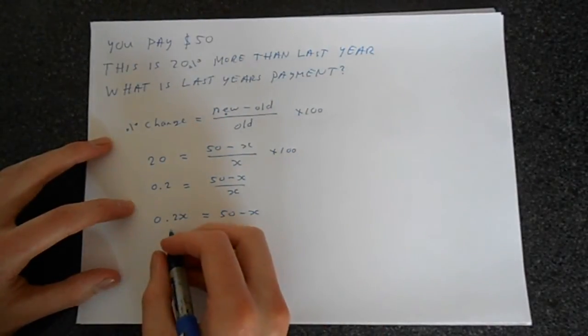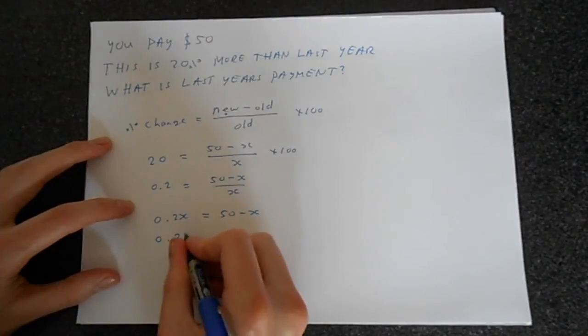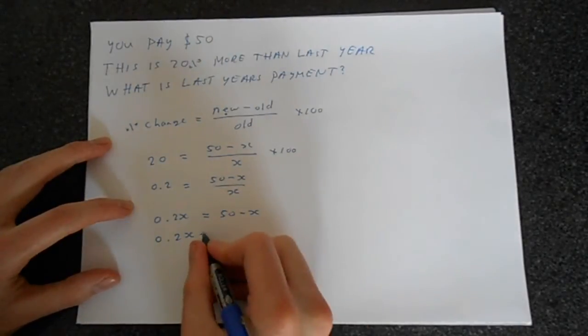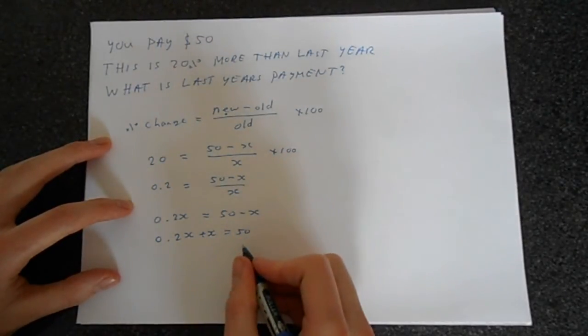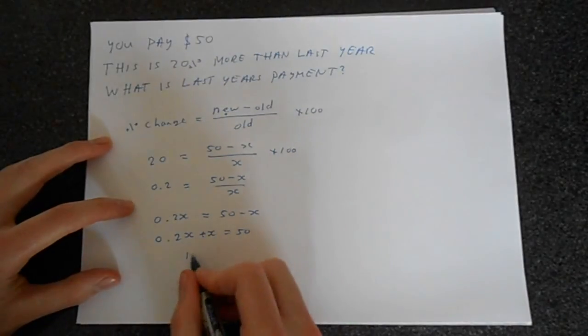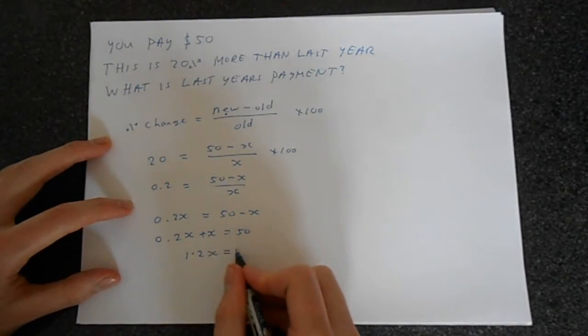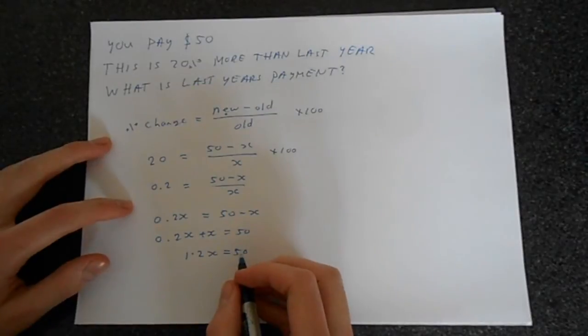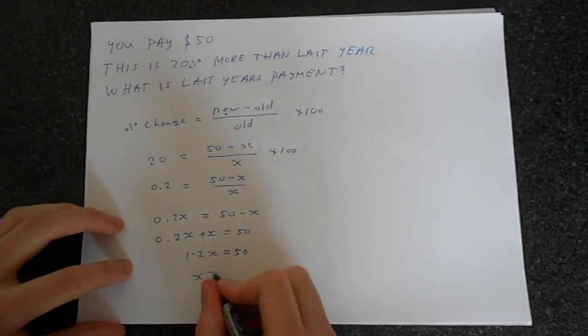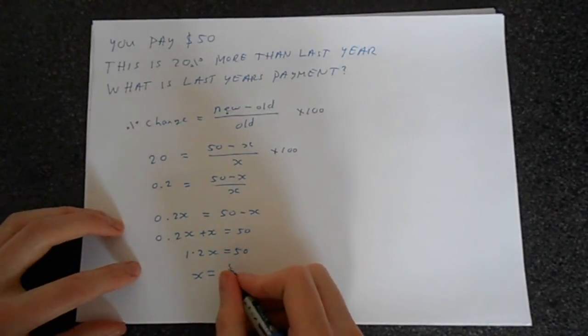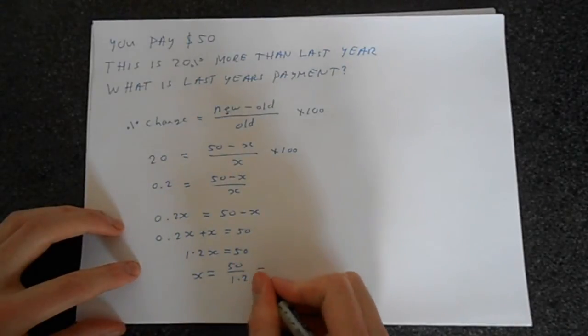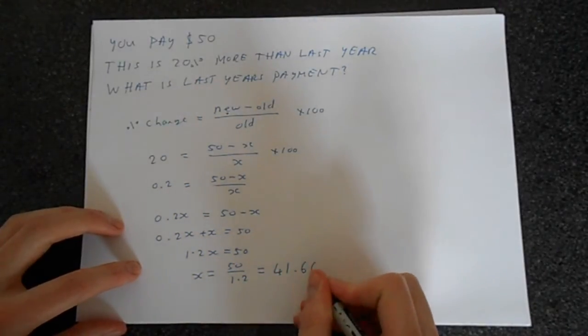Let's get everything on the same side. So we've got plus x, equals 50. So this is 1.2x equals 50. And what do we do with this? We get x equals 50 divided by 1.2, which equals 41.66.